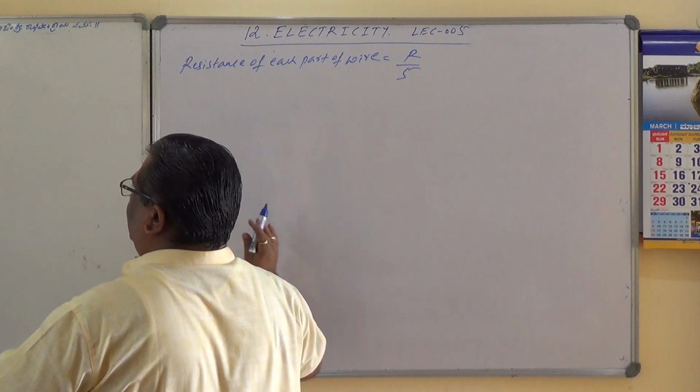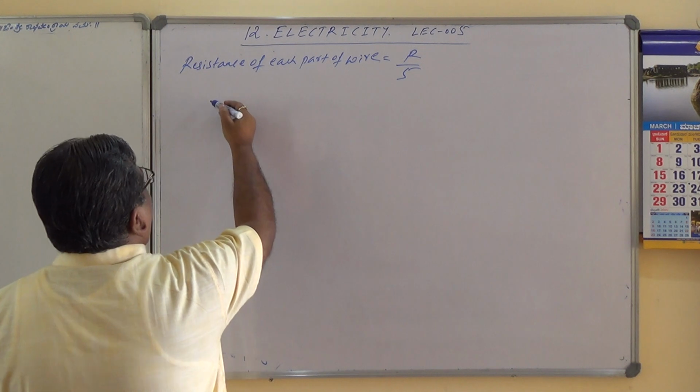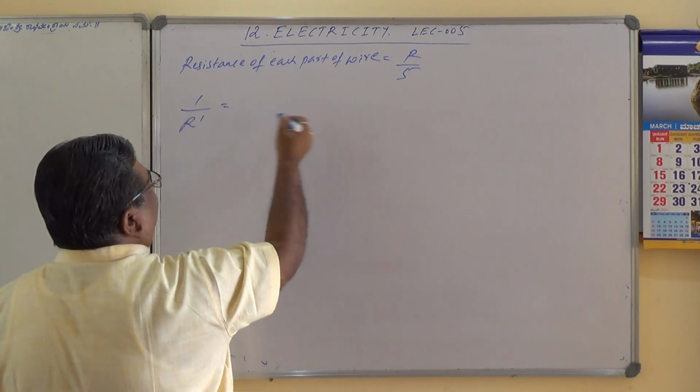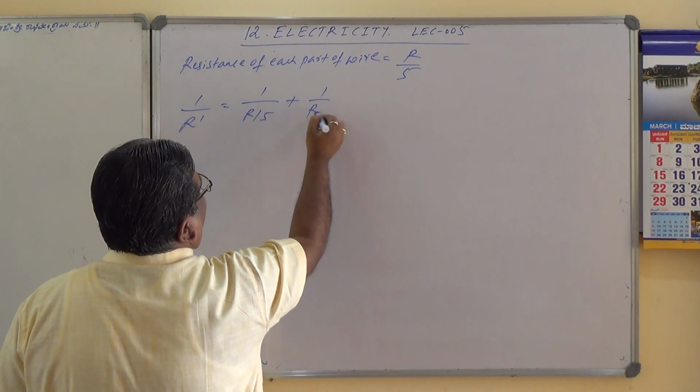Now all these parts are connected in parallel combination. R dash is the equivalent resistance. So 1 by R dash equals 1 divided by R by 5 plus 1 divided by R by 5, and so on.